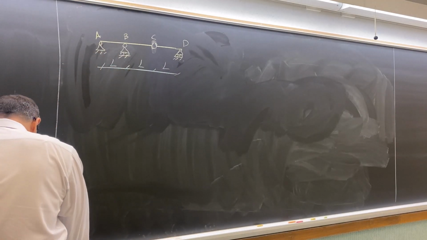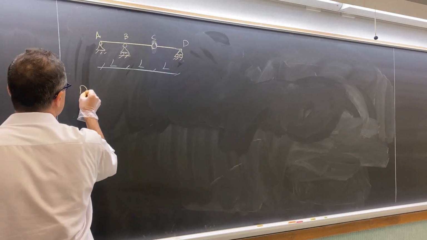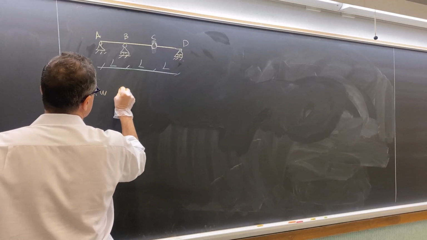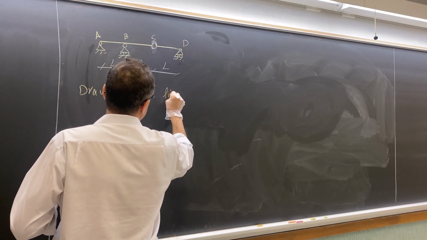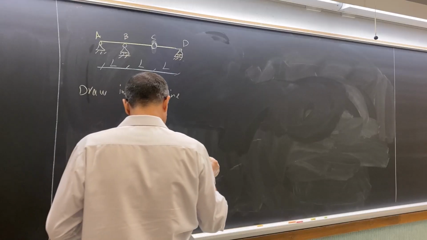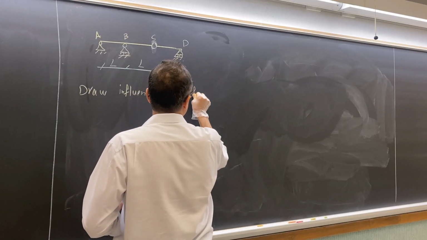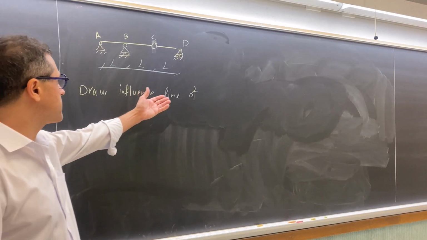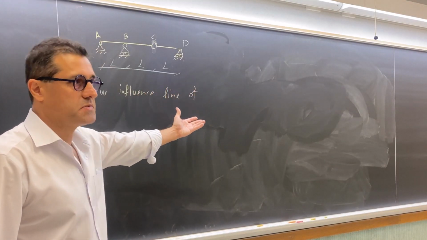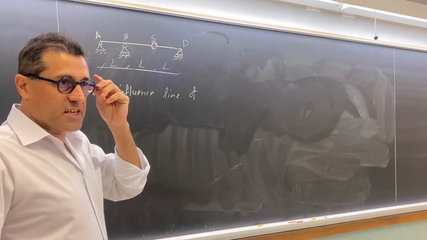The question is asking you to draw the influence line of, so what do you expect here, Adrian? It must be, for example, reaction for point A, reaction for point B. This is what we expect, right?